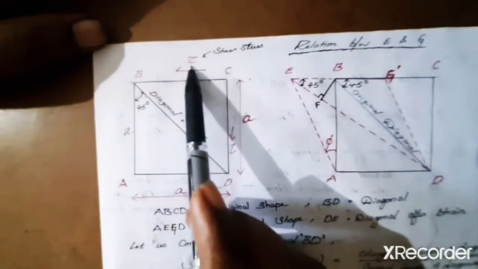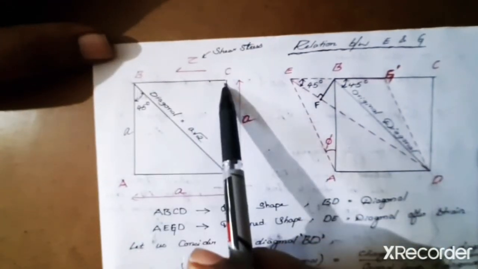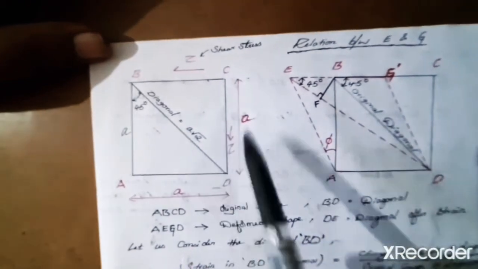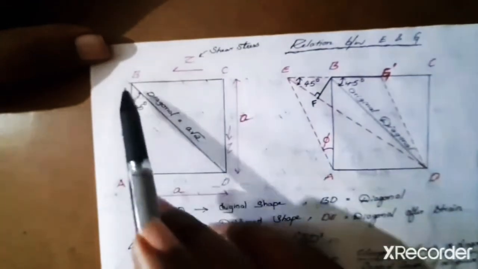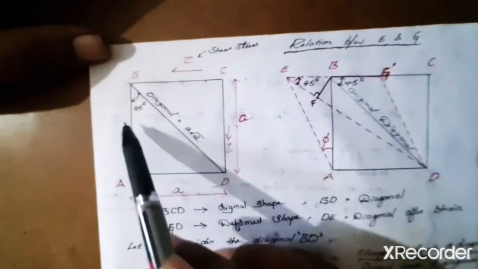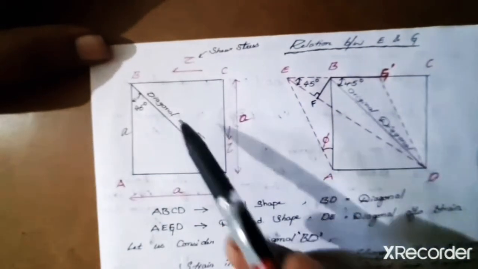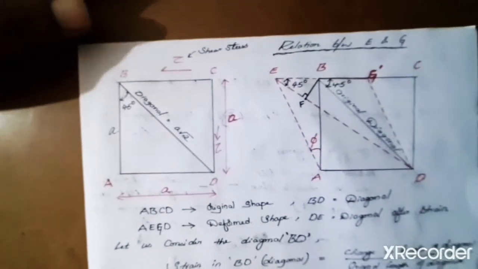Let tau be the shear stress acting on the side BC. Now when the shear stress tau is acting on a square body whose dimensions are a, with diagonals DB and AC, deformation is going to develop inside the body, right?